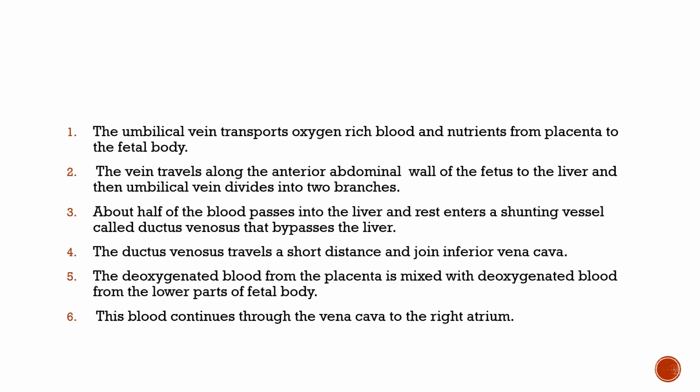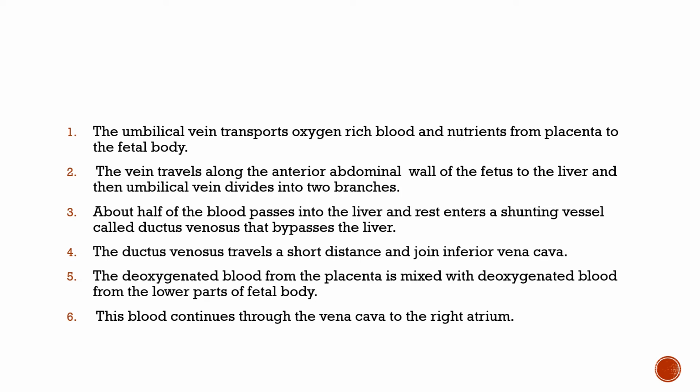Now we will have the detail of the fetal circulation. The first one was the structural discussion which we have done. Now we will focus on the detailed one. The umbilical vein transports oxygen rich blood and nutrients from the placenta to the fetal body.